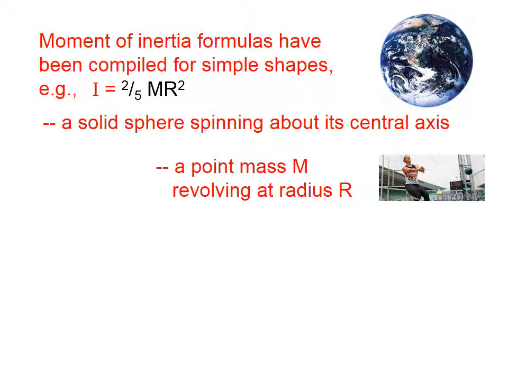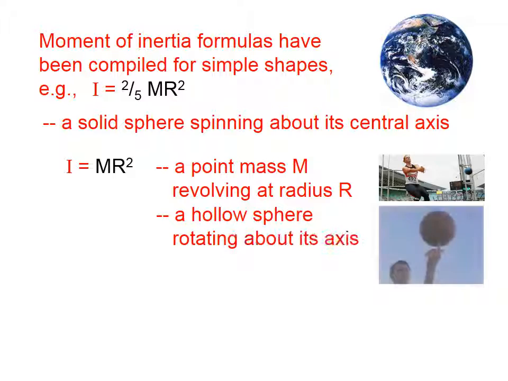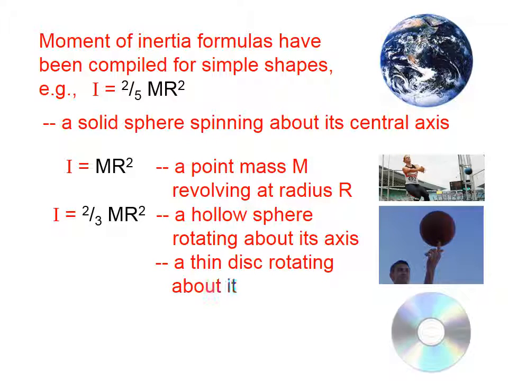And there are many other shapes and configurations for which moment of inertia formulas have been compiled. For a point mass that's revolving at radius r, the moment of inertia equation is mr squared. For a basketball, for example, that's spinning on someone's finger, the moment of inertia is 2/3 mr squared.